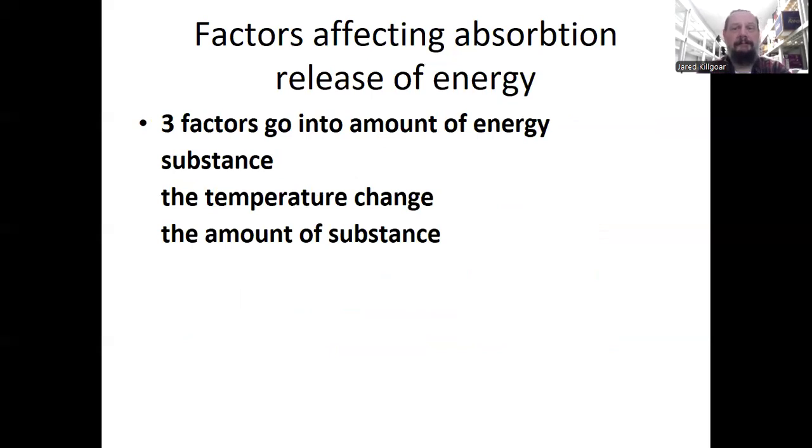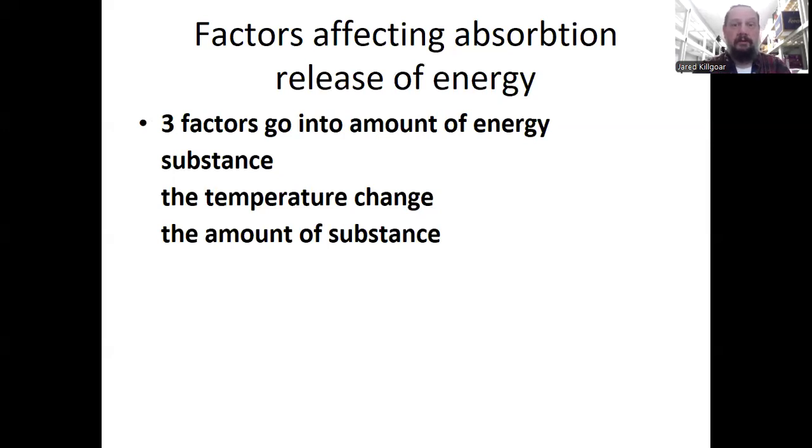So there are three factors that affect how much energy it takes to absorb or is released. And those are the substance itself, how much the temperature is changing, and the amount of substance. Think about when you're heating up something in a pot of water.